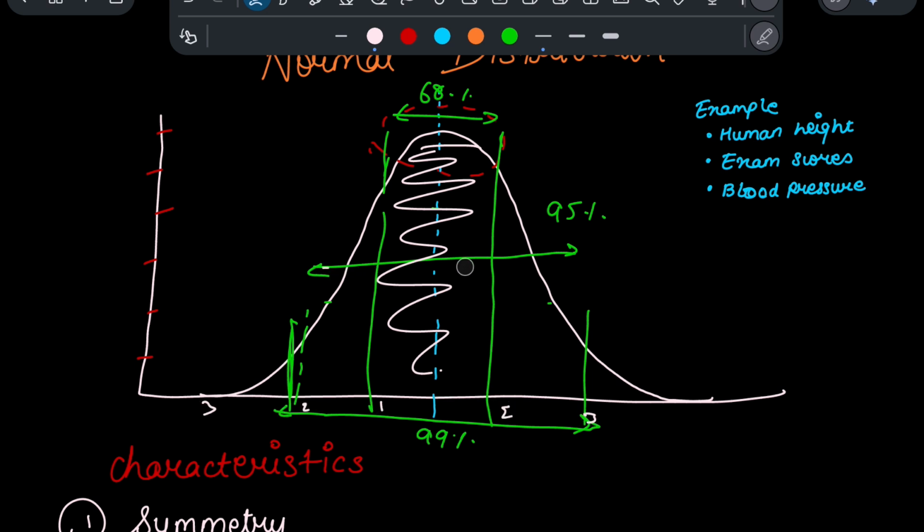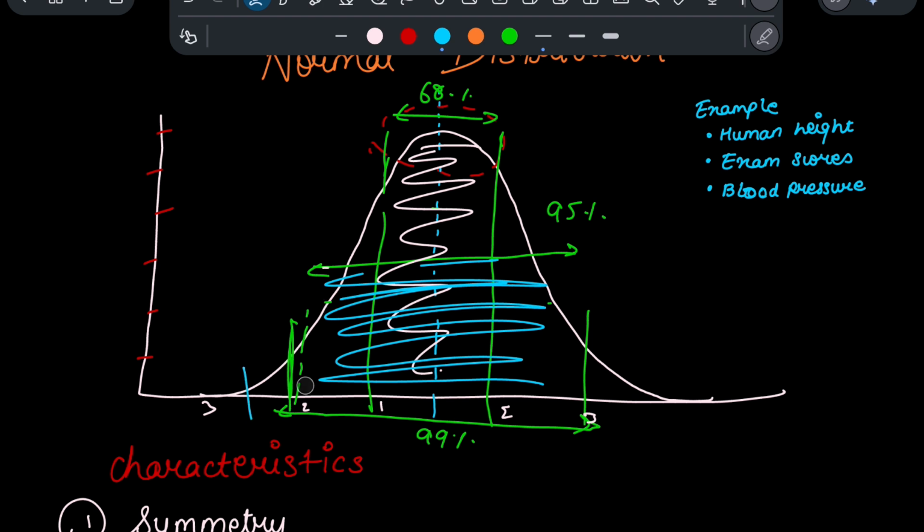Your 95% of the values is this one, from here to here. In a normal distribution, 68% of the values lie within the first standard deviation, 95% lie within the second standard deviation, and 99.7% lie within the third.